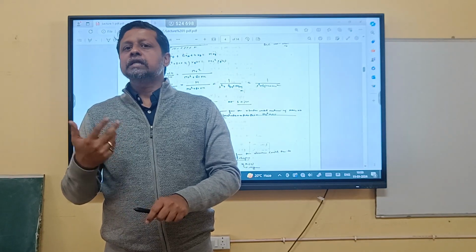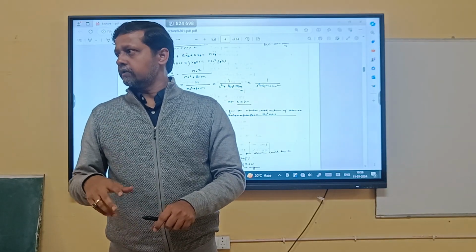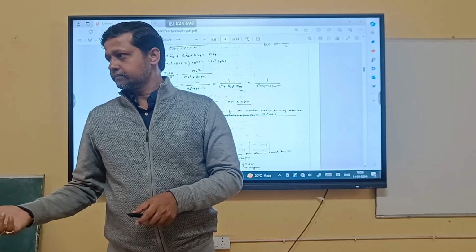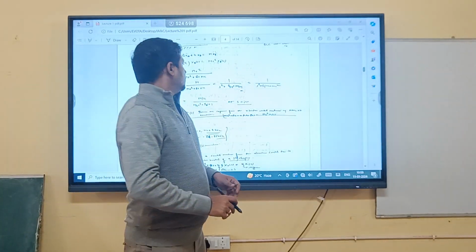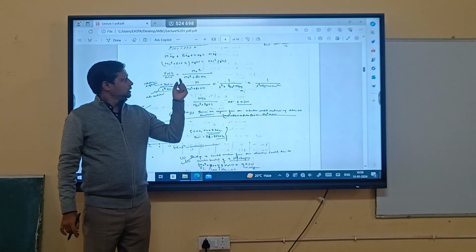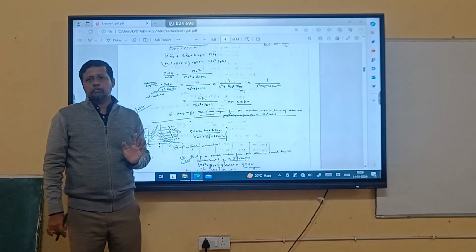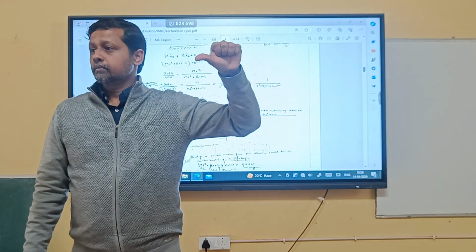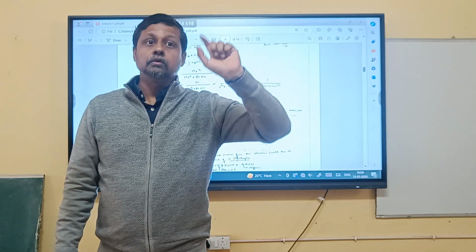So obviously the aging effect will be much lesser. I won't say zero, but much lesser compared to a mechanical watch. Clear? So remember that right now, this mathematical reference is relative input and relative output. Now the problem is the input, the force you applied, that force was absolute in nature.